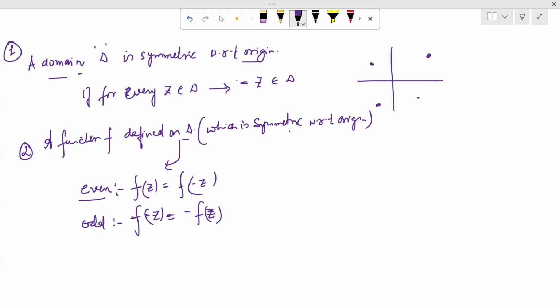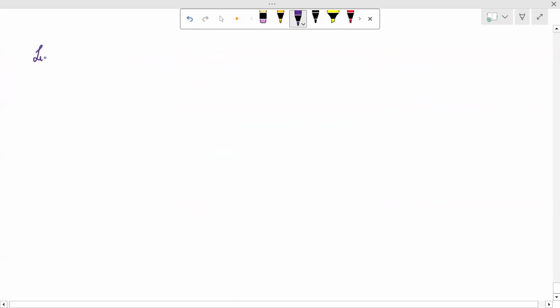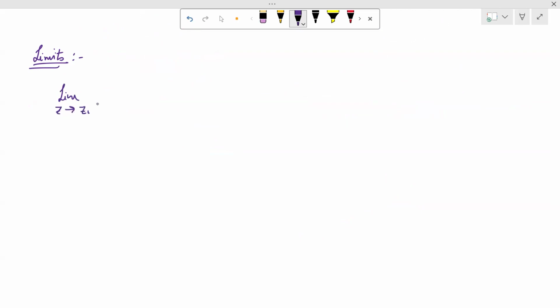So these are the definitions for even and odd. I think these are something that you already know. I'm just starting with the definition, and then we'll take this up tomorrow. So limits, as you're aware, if I'm saying that limit as z tends to z naught of f of z is equal to L, what does it imply?